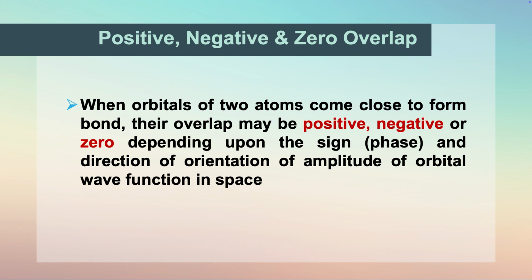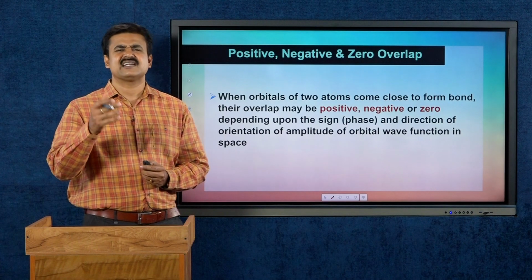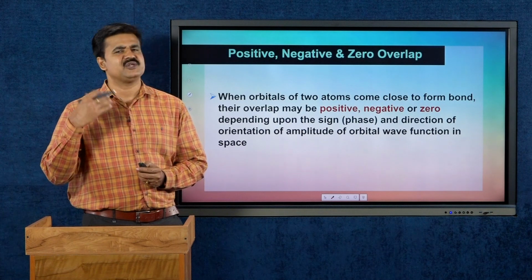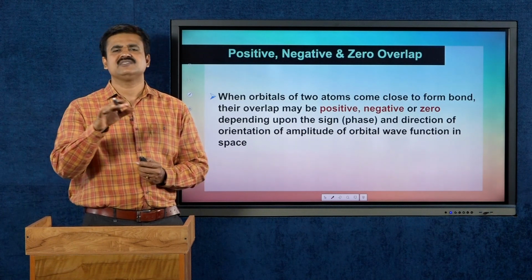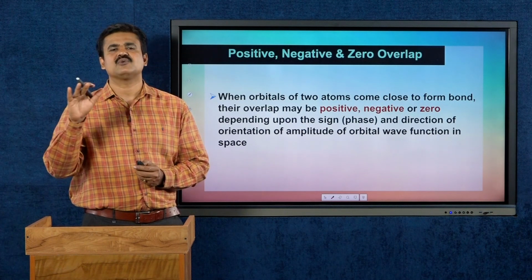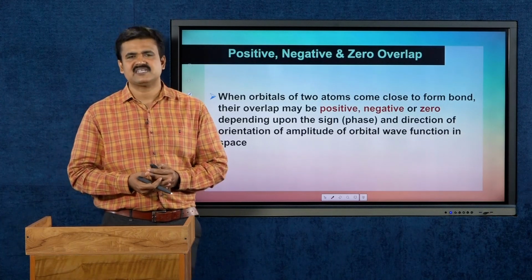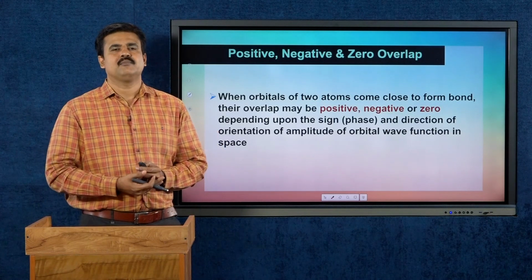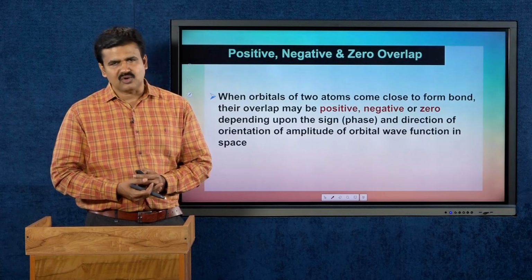The sign is a notation of their phase and direction of orientation of amplitude of orbital wave functions in space. You can study the concept of orbital wave function in your higher classes. We are now just focusing on the phase or sign of the participating orbitals to mention positive, negative or zero overlap.